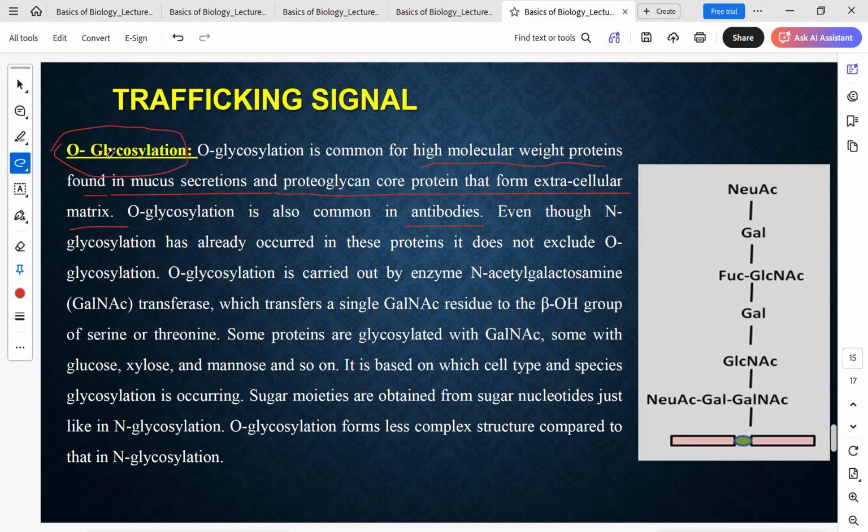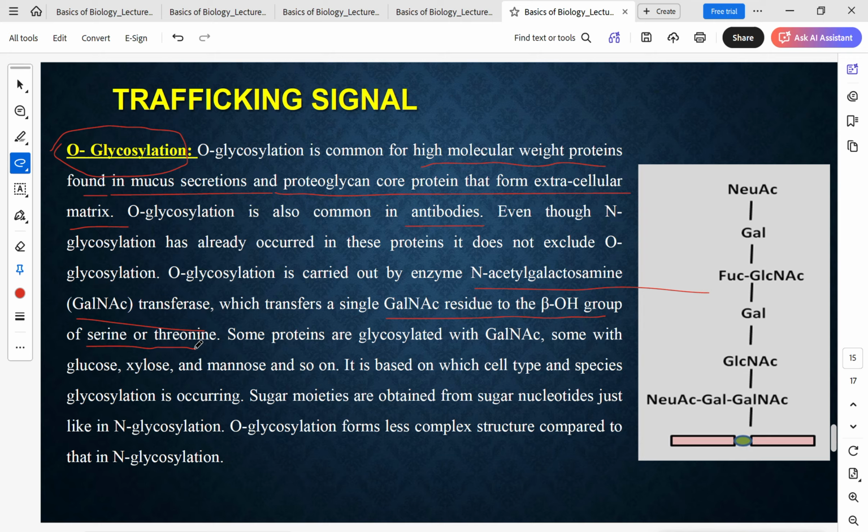O-glycosylation does not happen instead of N-glycosylation. It happens in addition to N-glycosylation. So N-glycosylation first happens and then O-glycosylation happens on these proteins. This is carried out by N-acetylgalactosamine transferase, which transfers one single GalNAc residue to the beta OH group of a serine or threonine.